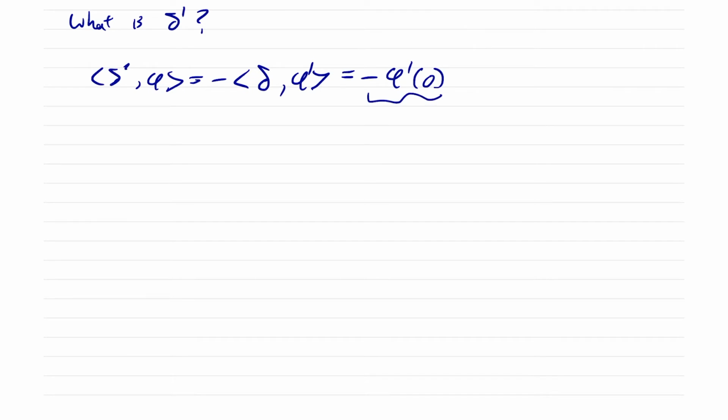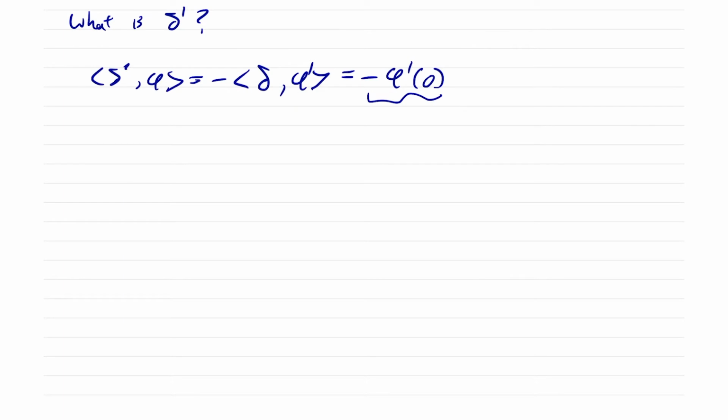Well, delta prime against phi should be equal to minus delta against phi prime, which would be equal to minus phi prime at 0. And this itself is another tempered distribution. And so we just call this the derivative there.